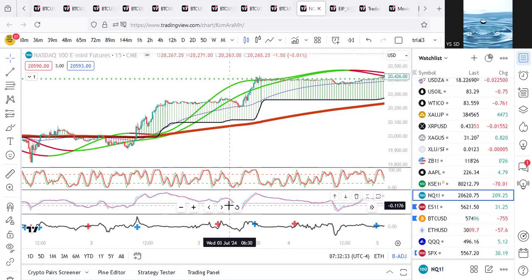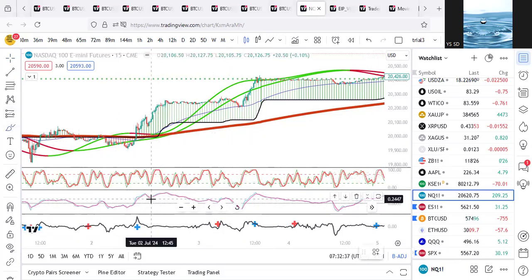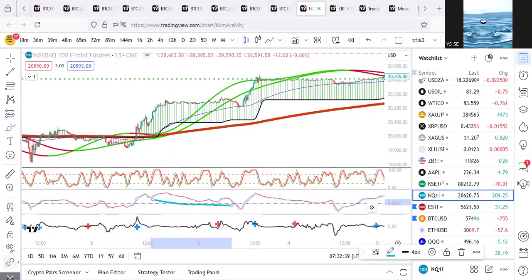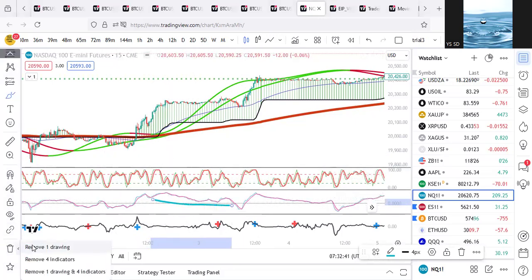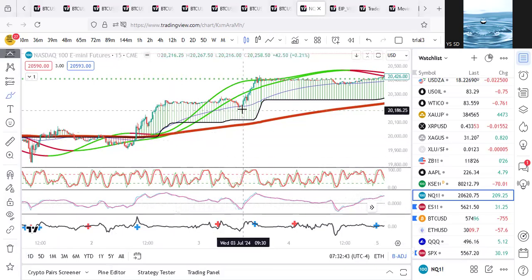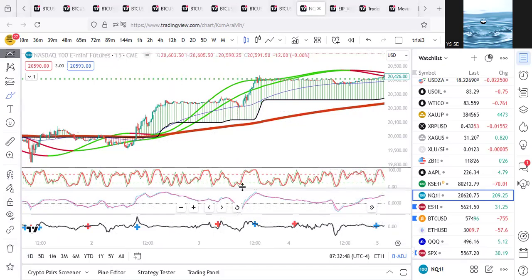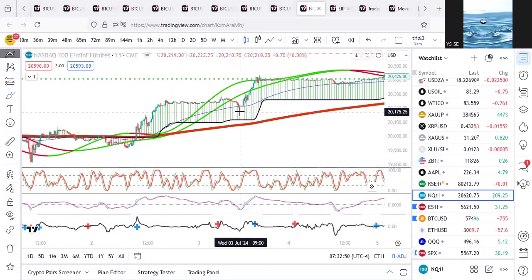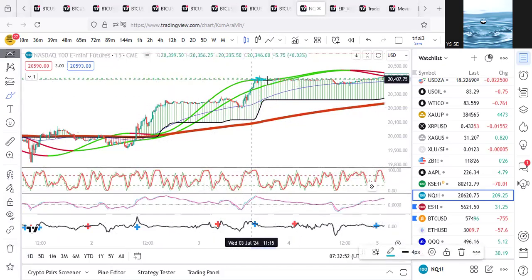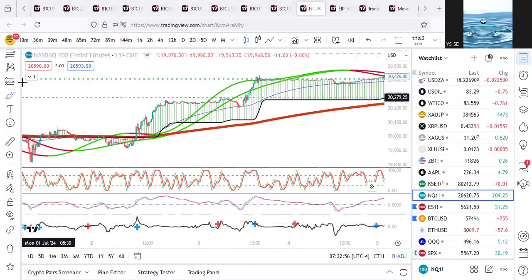If you understand divergences, then you would know that this is a hidden bullish. I'm not here to teach you technical analysis. So this was above the moving averages, hidden bullish, and this was also a bullish divergence. So this was a long till over here, and we did exactly that in our group.